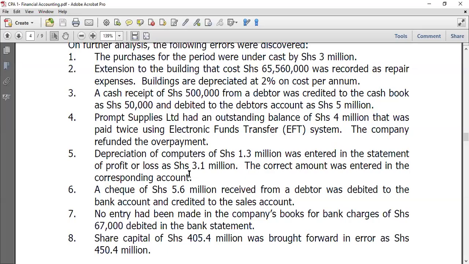Now, if they are telling us that it was 1.3 that was supposed to be debited, but we rather debited 3.1, it means that we debited more by the difference. So what we have to do is credit our P&L with the difference, so that at the end of the day, we only remain with 1.3 on the debit side of P&L.